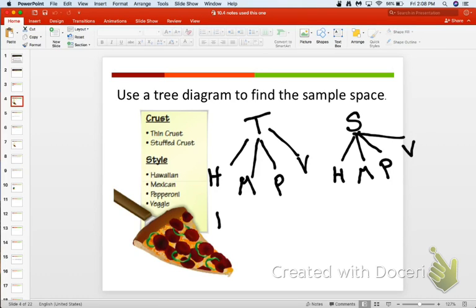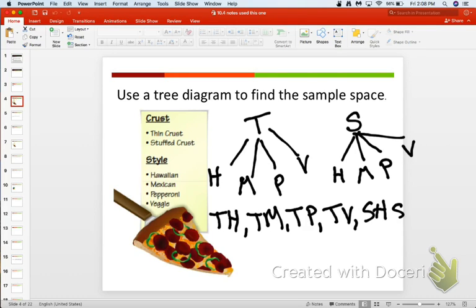I could have a thin crust Hawaiian, a thin crust Mexican, a thin crust pepperoni, a thin crust veggie, a stuffed crust Hawaiian, a stuffed crust Mexican, a stuffed crust pepperoni, and a stuffed crust veggie. So I have 8 possible outcomes, and it's really easy to see that with the tree diagram.